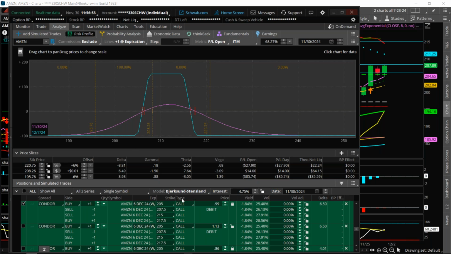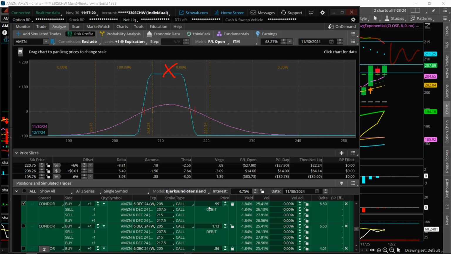We bought the 205, 207, so we're long this call debit spread here. And then we sold against it the 215, 217 right there. So we're long down here at 205 and short up here. If we get a move in this area, we get the potential for big max profit there.